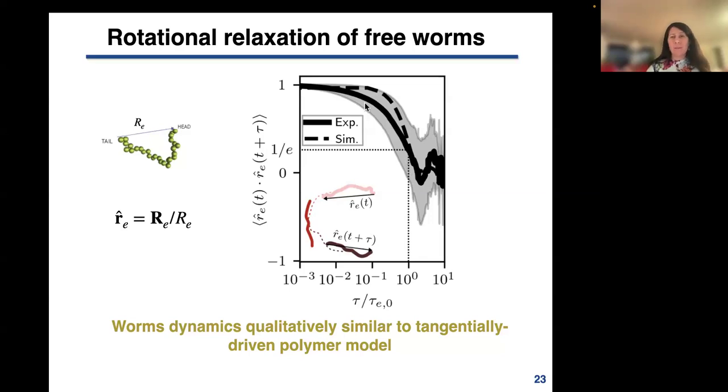They are not fully agreeing, but it's within the error bar, and they show roughly exponential behavior. So we thought it can work, and just to compare experiments and simulation, we scale the time scale with the relaxation time of the free worms, the orientation relaxation of the free worm, which I showed as tau e and 0 here.